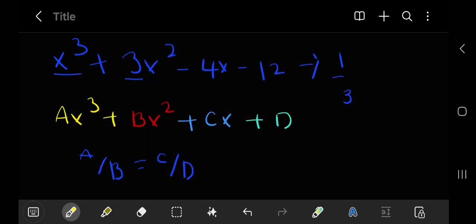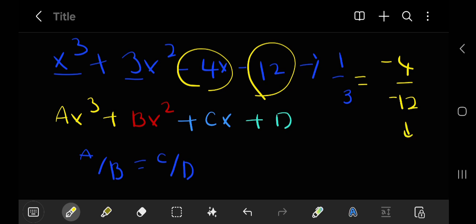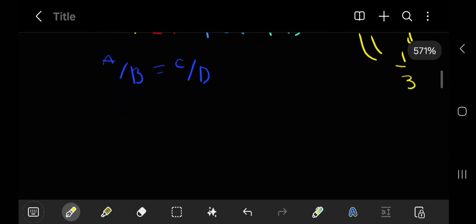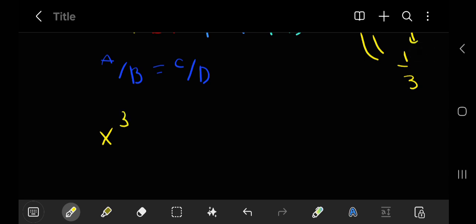So a by b, if it is equal to c by d, let's check it. 1 by 3 is equal to minus 4 by minus 12, which is nothing but 1 by 3 equal to 1 by 3. Cool. So the ratio a by b is equal to c by d. So we can simply take common from the first two terms and the last two terms.